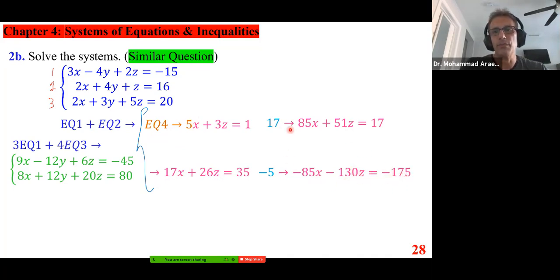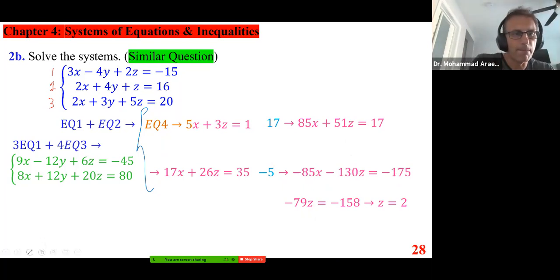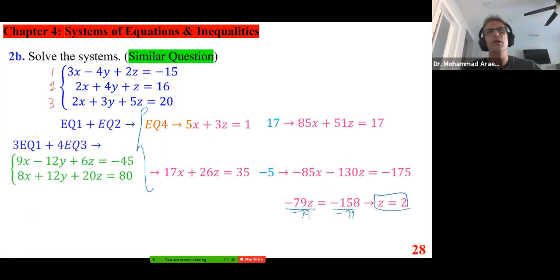Now if we combine these two, 85x, negative 85x cancel each other, we have to add these two. 51z minus 130z gives us negative 79z, and then 17 and negative 175 gives us negative 158. So what happens next? Divide by negative 79. Z becomes 2.